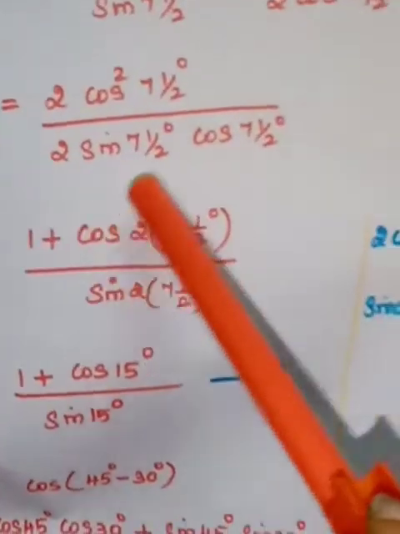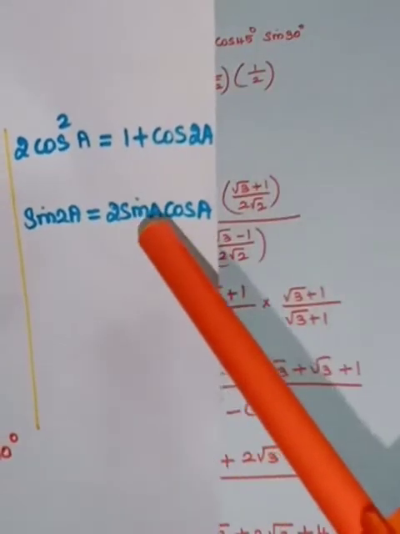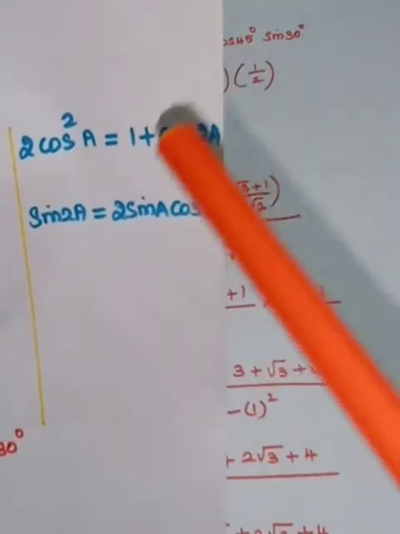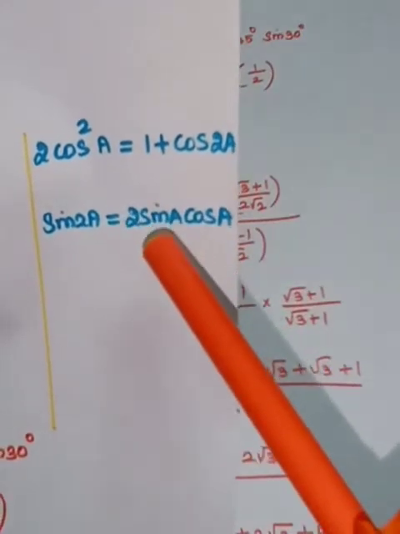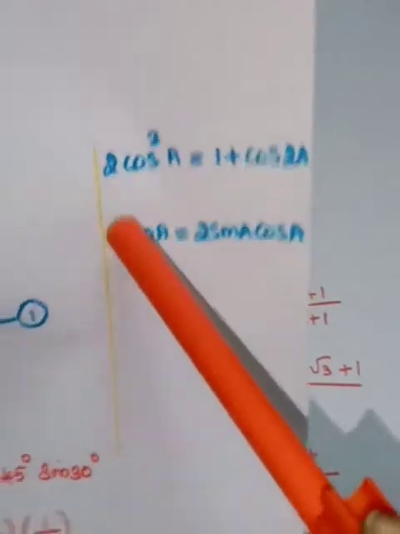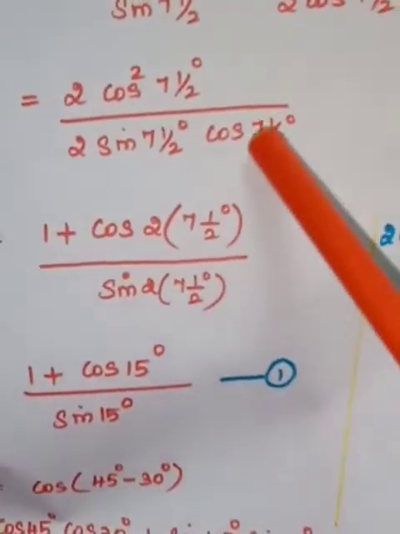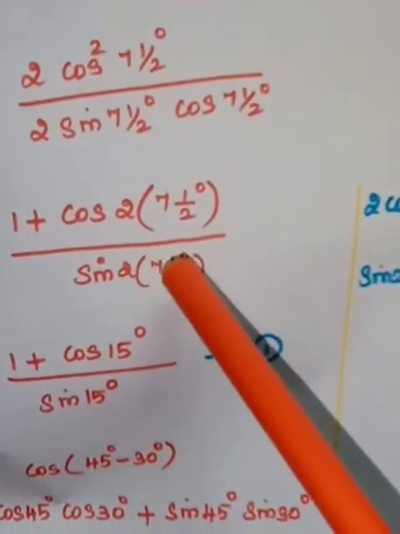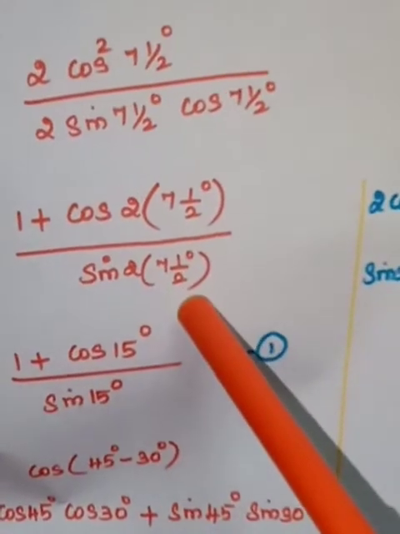Got it clear? Now look at the denominator: it is in the form of 2 sin a cos a, so it is the double angle identity of sin 2a. The denominator can be written as sin 2 into 7.5 degree.